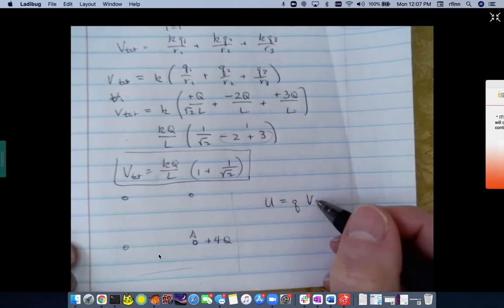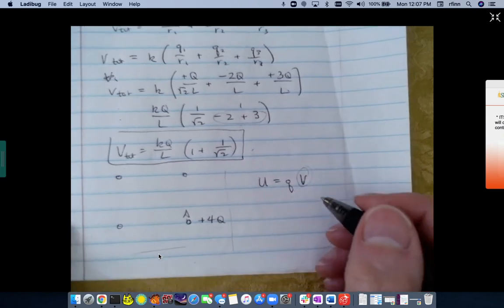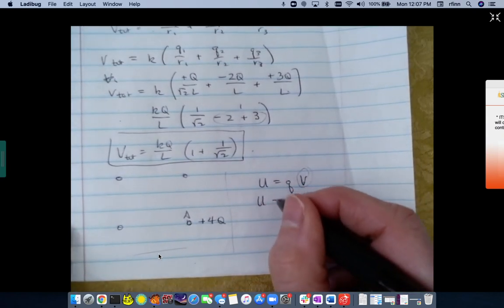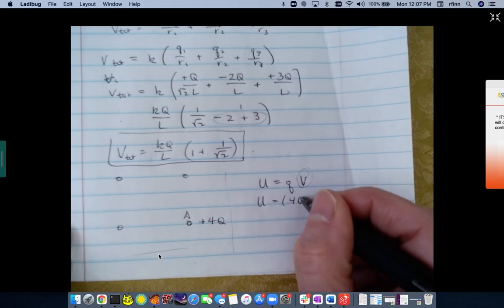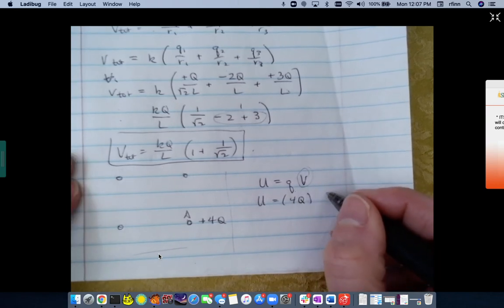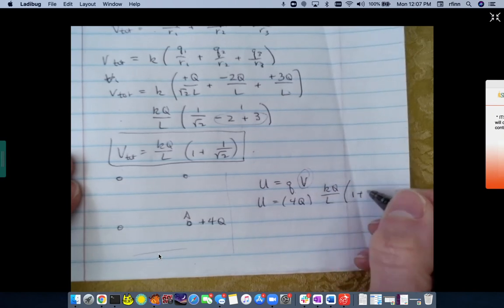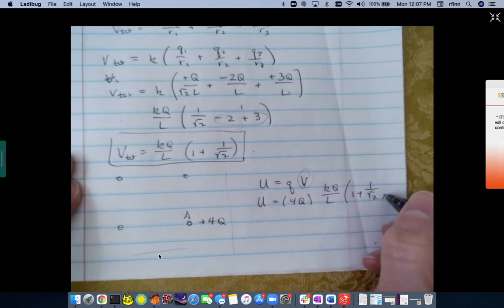So basically, we just take the expression we found from the first part and multiply by the charge. So our potential energy is going to be 4Q times the potential we got before, which is KQ over L, 1 plus 1 over the square root of 2.